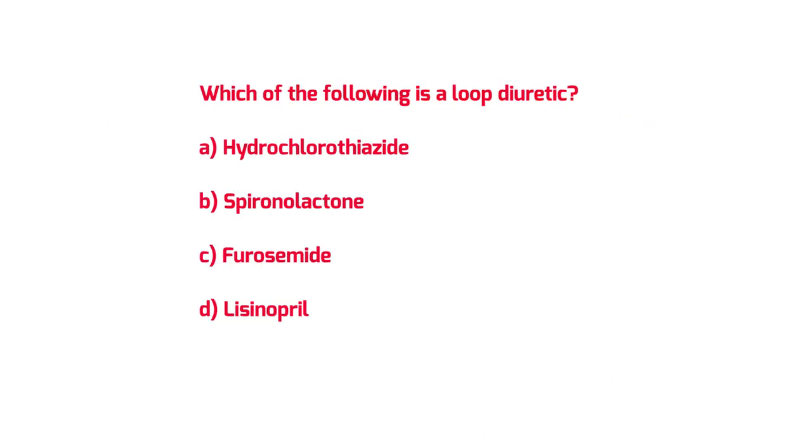On to the first practice question: which of the following is a loop diuretic? All right, so let's go through our answer choices. Choice A, hydrochlorothiazide, is a diuretic, but it's not a loop diuretic.